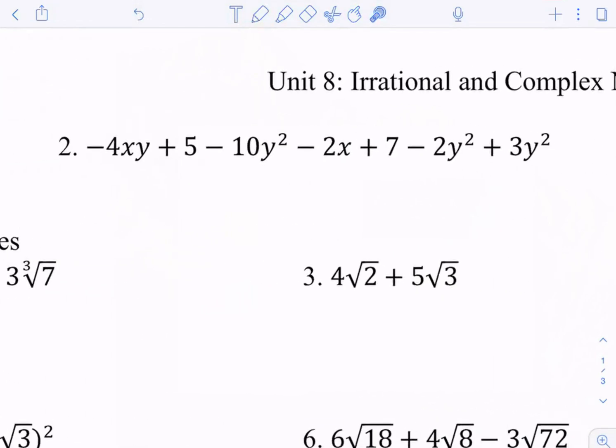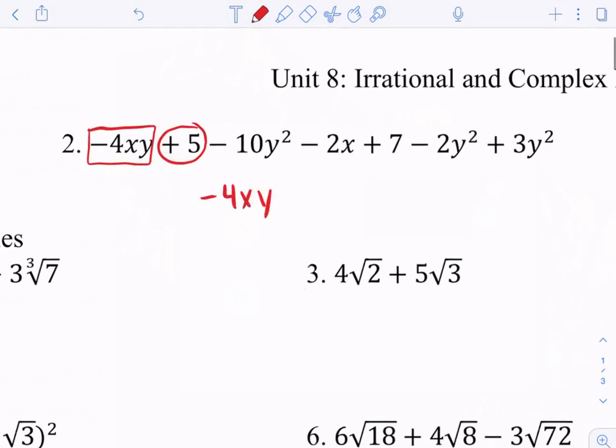So let's look at the second one. It gets a little bit more challenging. Let's take a look here. Do I have anything to combine with this one? X, Y. So I have to find both X and Y. And there isn't, so this can just come down. Then here I have a positive 5, which is just a constant, and a positive 7, and 5 plus 7 is 12.